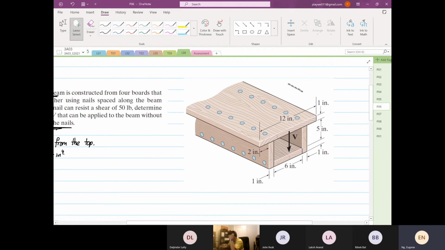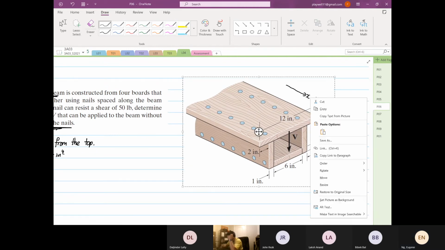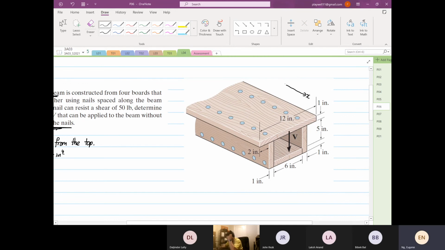So if this is our X, this is our Y, and over here, this is the Z. Okay.